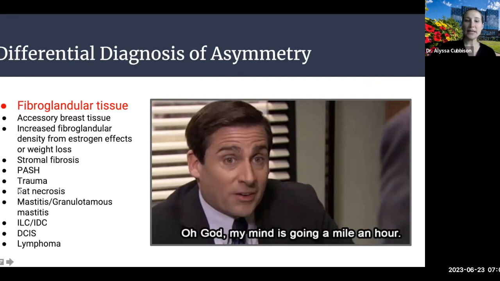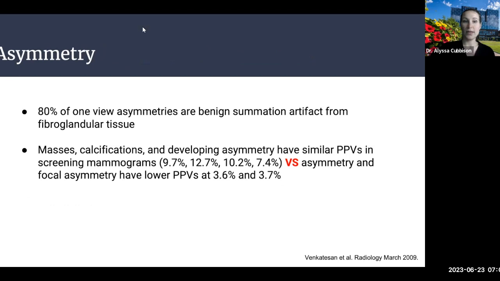But the big takeaway I wanted from this slide is that most of the findings of asymmetries do represent normal fibroglandular tissue. We know that based on robust literature, that specifically 80% of them called back from mammography are usually due to tissue. As I said, this 80%, now these are those that are found on screening exams.